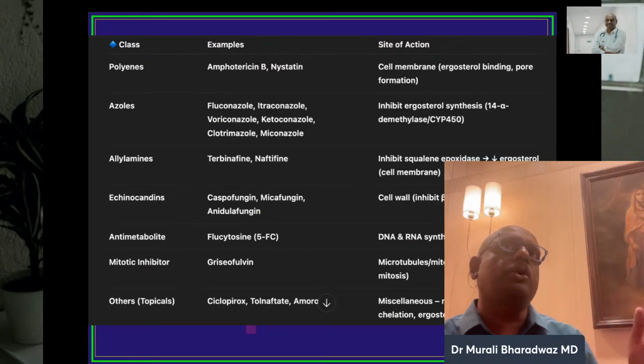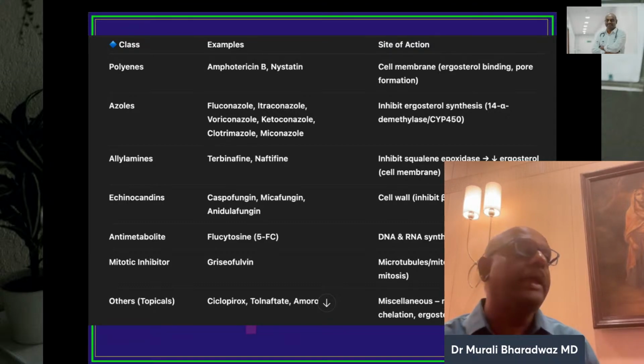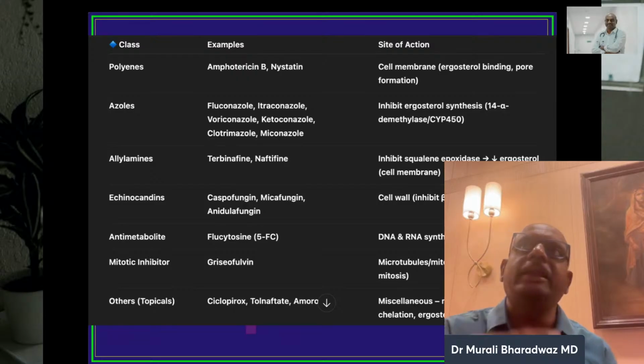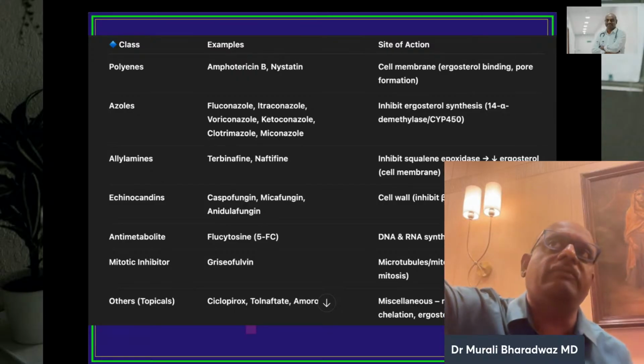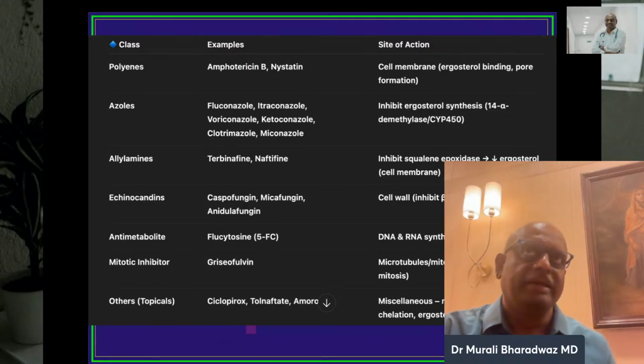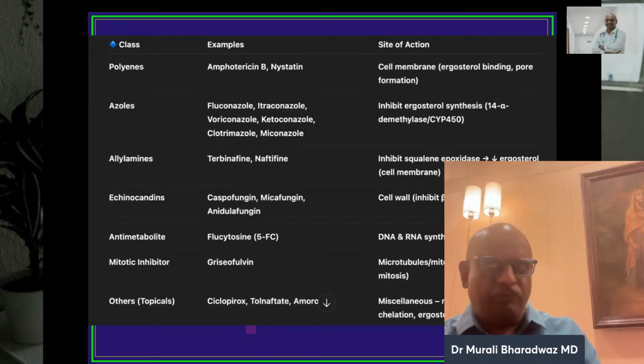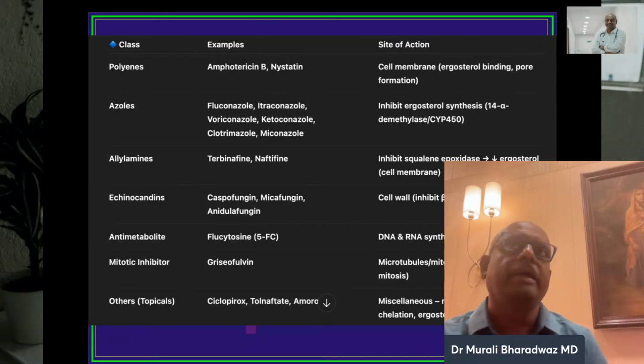Amphotericin B, nystatin are called polyenes. You are having azoles. Then we have terbinafine, which is allylamines. Caspofungin, they're all echinocandins. They inhibit the cell wall by inhibiting beta-1,3 glucan synthesis. Then you have flucytosine, which is a DNA RNA inhibitor, an antimetabolite.